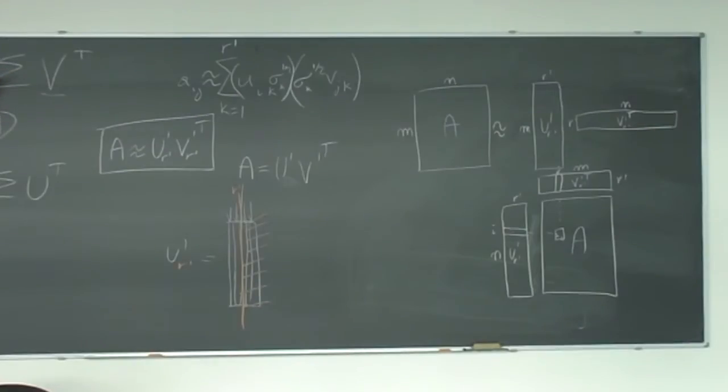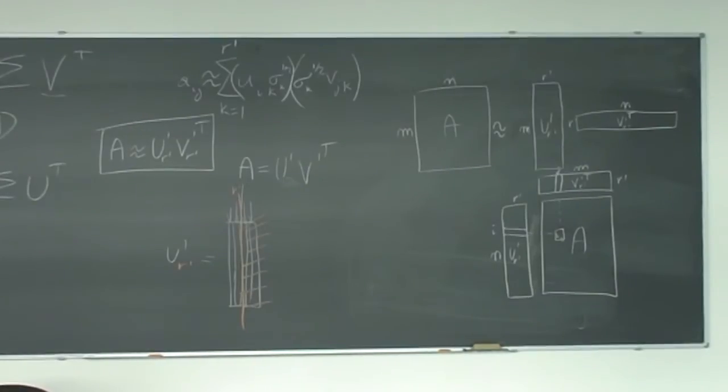If you take U and multiply it by a diagonal matrix on the right, you are actually multiplying its columns. For the same reason, here I'm taking a diagonal matrix and multiplying it on the left on V transpose, so it acts on the rows, meaning that it acts on the columns of V. Okay, both U and V are column multiplied by sigma.